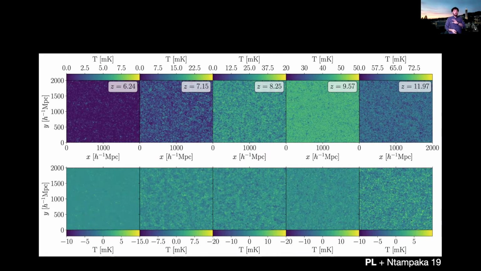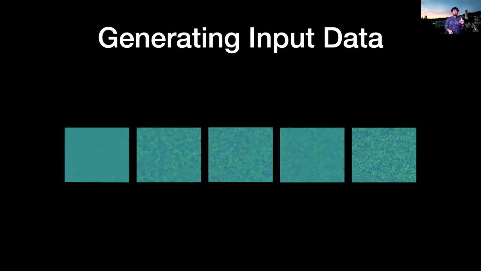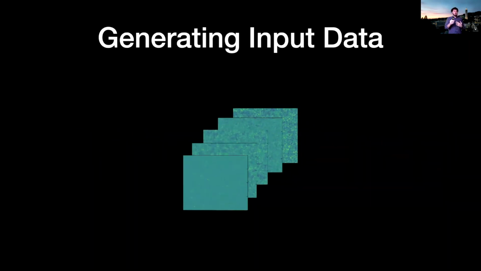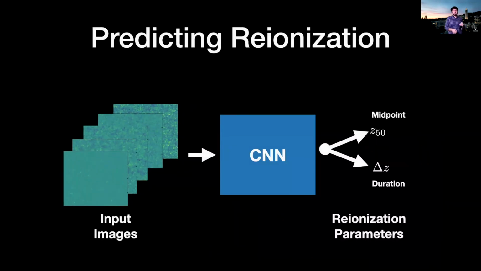These are the input images that I give to a convolutional neural network. I start with just this bottom series of images and stack them all up to make a series of images at different redshifts, which correspond to different frequencies. I treat this whole stack as a single input image to my convolutional neural network.